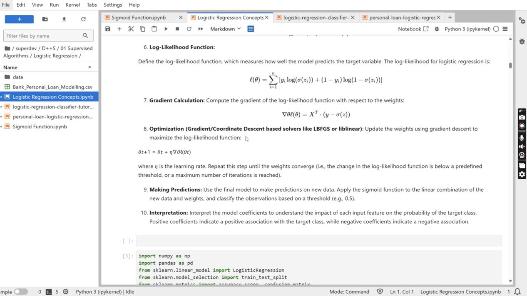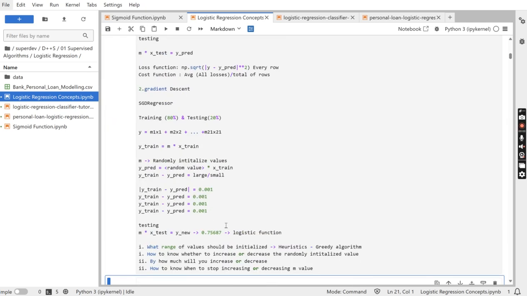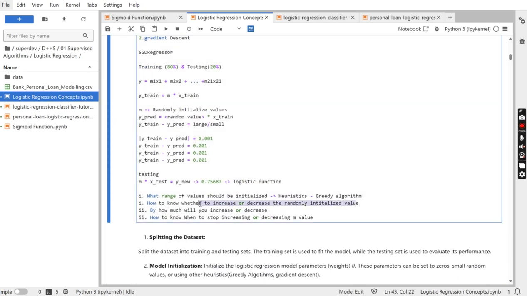But the problem arises at gradient calculation. This subtraction of these values that you are talking about: first of all, how to know whether to increase or decrease and how much to increase or decrease.